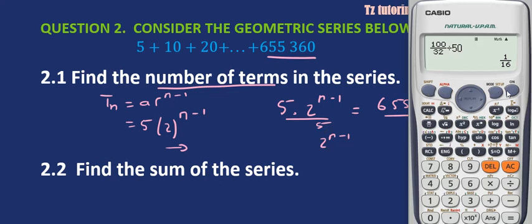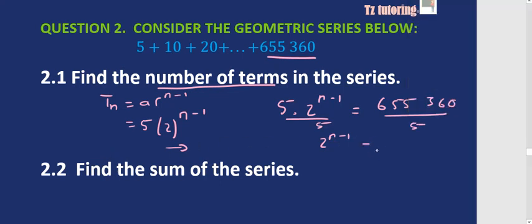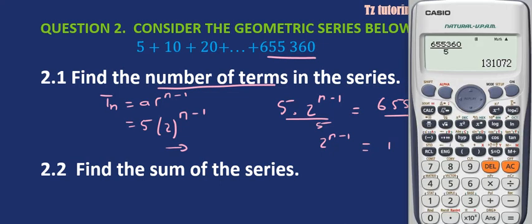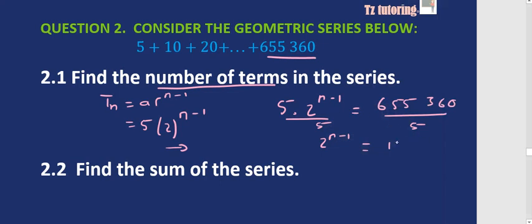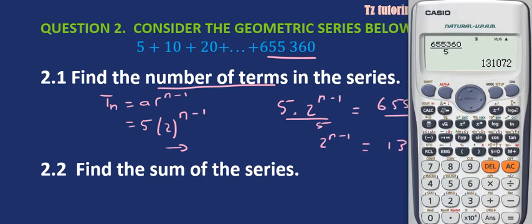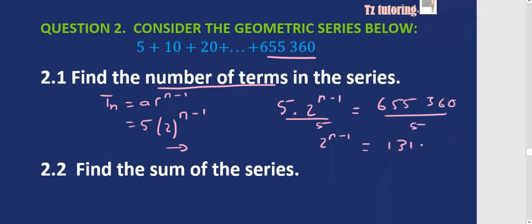if we divide 655,360 by 5, we find 131,072.